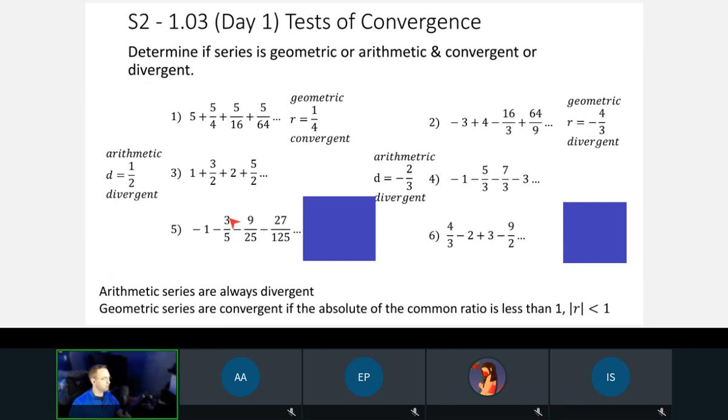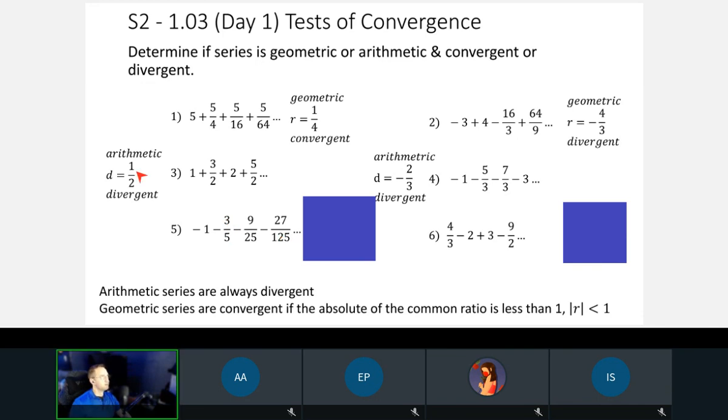Going from this one to this one, I think it's pretty easy to see what the R value is, right? Any ideas? 3/5? Yeah, I would agree. Multiply the top by 3 every single time, multiply the bottom by 5 every single time. Yep, 3/5.